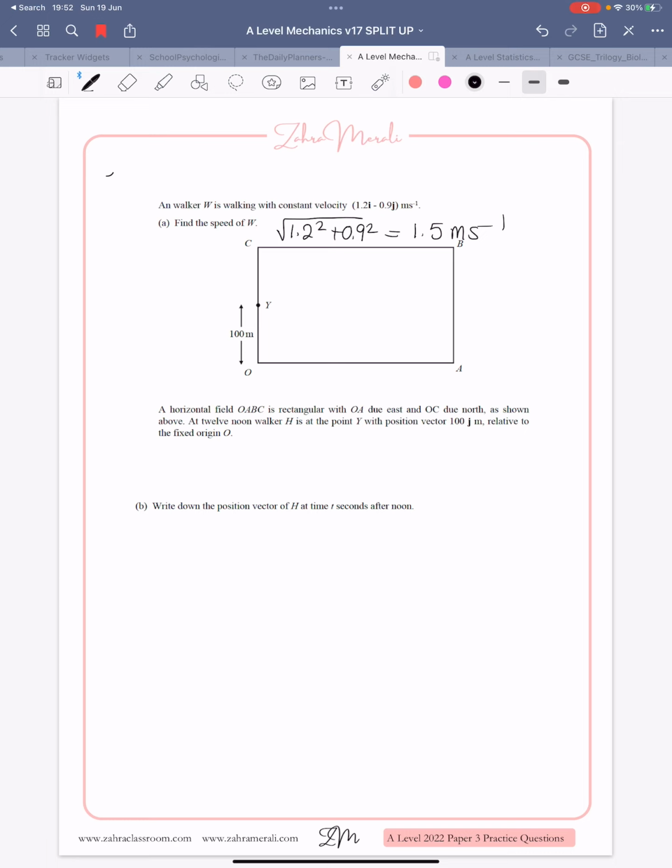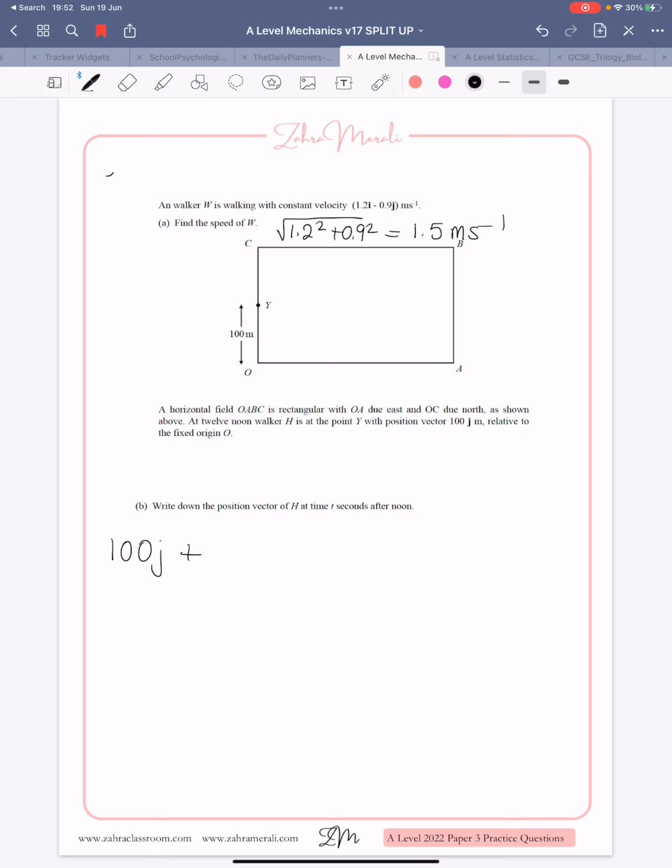We've got a horizontal field, as shown above. At 12 noon, walker H is at a point Y. Relative to the fixed origin, we're going to write a position vector. So we're saying, where is he starting? He's starting at Y, so at 100J.